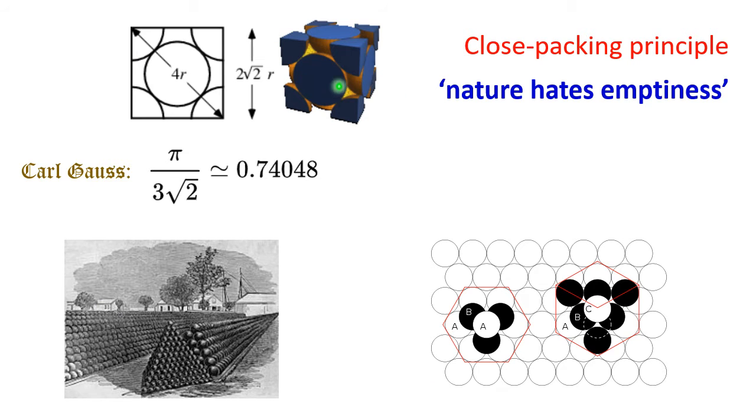This last face center cubic cell is closely connected to a problem of closest possible packing of spherical atoms or any kind of spheres. Close packing principle is coming from ancient philosophical statement that nature hates emptiness. This statement is known for more than 2000 years and was repeated numerous times by different philosophers.